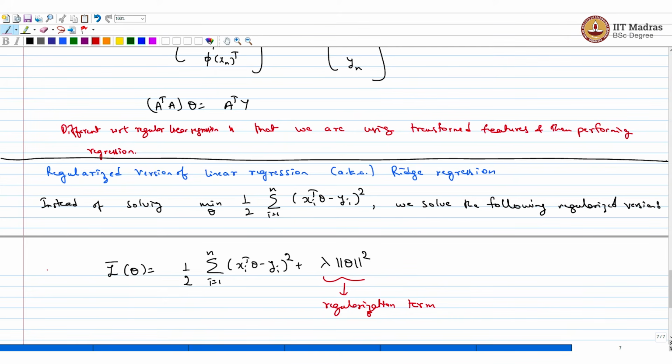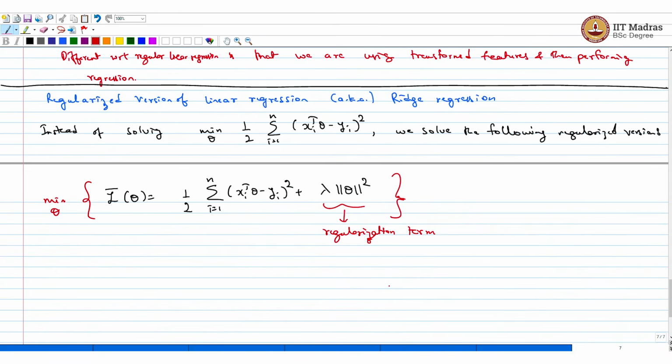And what you do is minimum over theta of this function. So, you try to minimize this instead of minimizing the ordinary linear regression.